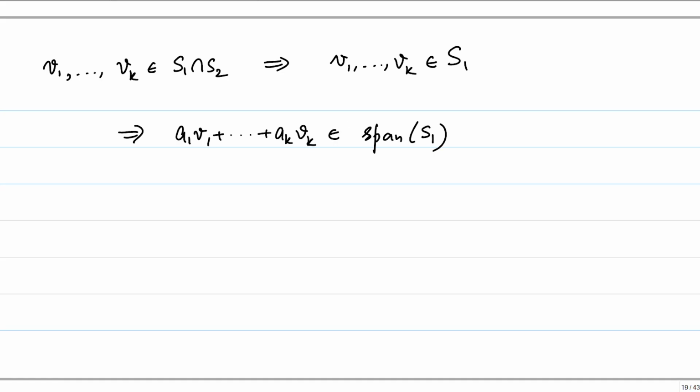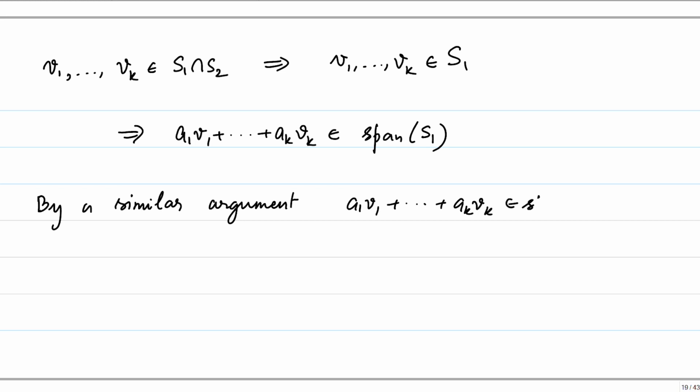By a similar argument, if you had picked S2 instead of S1, you would have got that A1 V1 plus A2 V2 up to Ak Vk belongs to the span of S2 as well. So in particular it belongs to both the span of S1 and the span of S2, and therefore it belongs to the intersection.